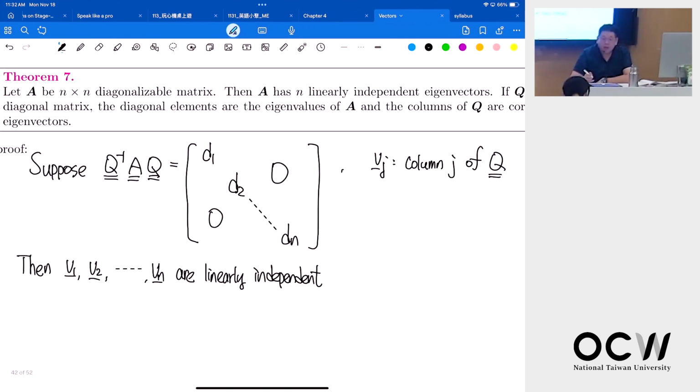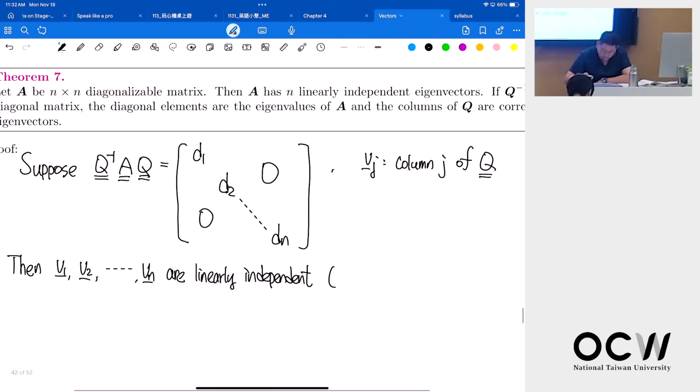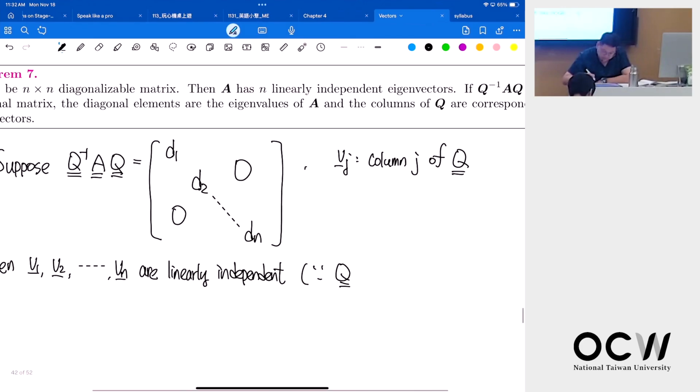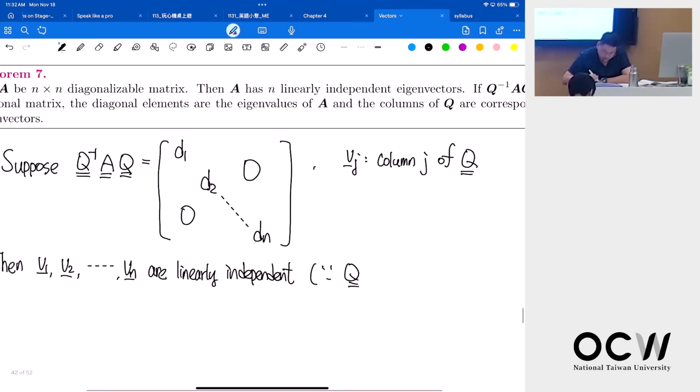They are linearly independent because Q, this matrix, is non-singular.